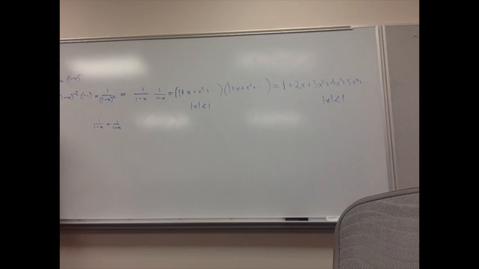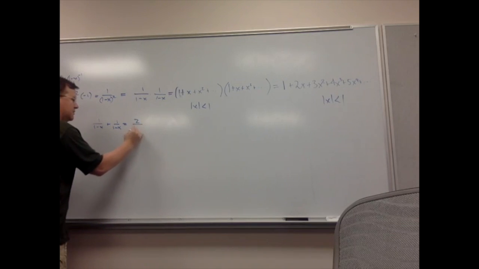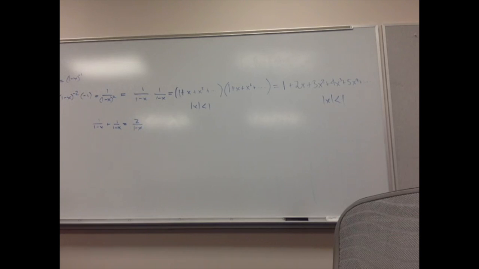Like this right here is literally just that function. And that's different from this one. These are different functions, so they're going to have different power series. So sometimes you got to multiply, sometimes you got to add. But they aren't the same thing.